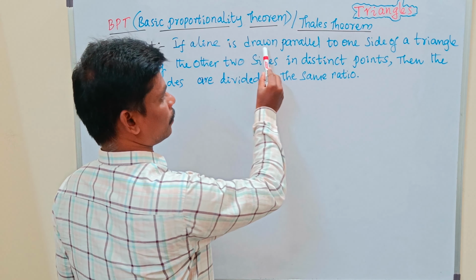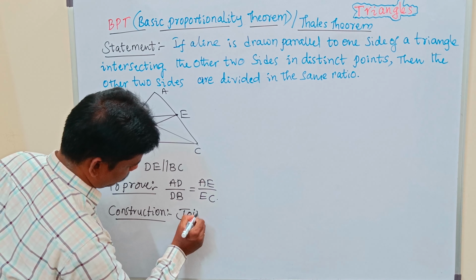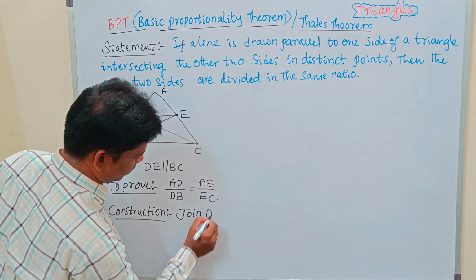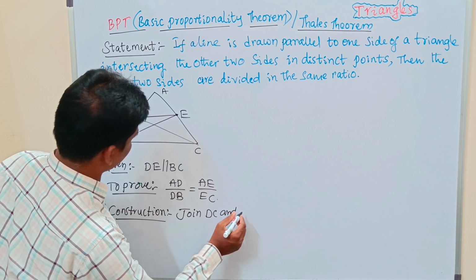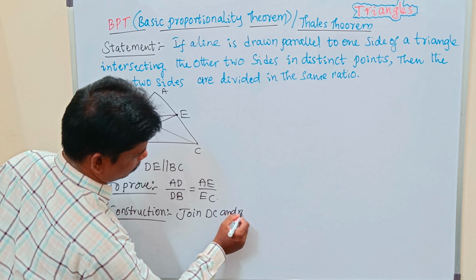Now the construction: join DC and BE. This forms two triangles, DEB and DEC. Join DC and BE. This is the construction.